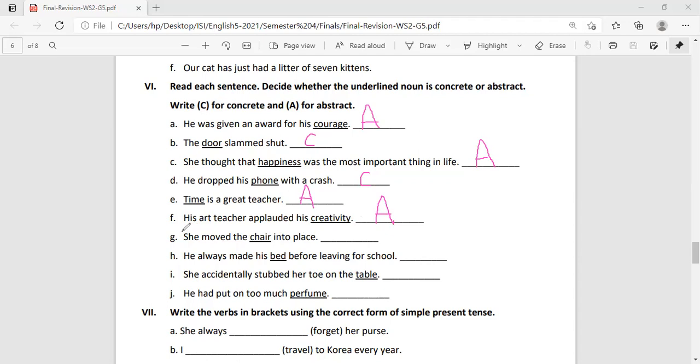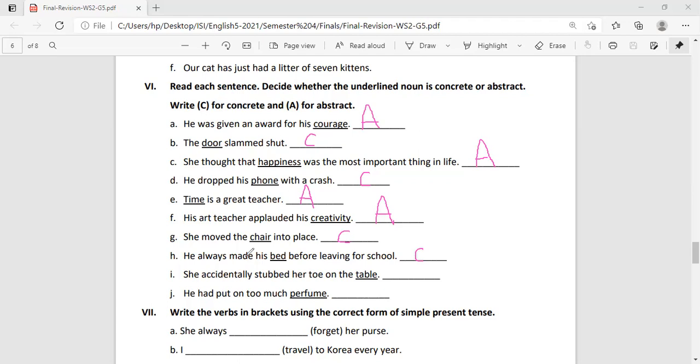G. She moved the chair into place. Concrete. Simply, I can touch the chair, I can see the chair, and even when I move it on the floor, I can hear its sound. It's concrete. H. He always made his bed before leaving for school. Concrete, bed, concrete.